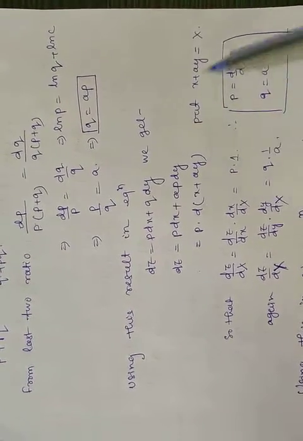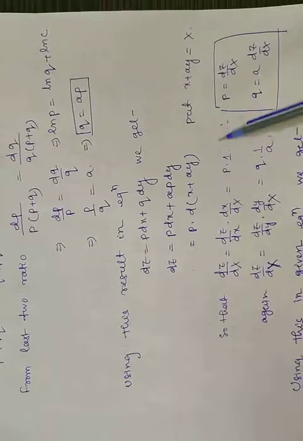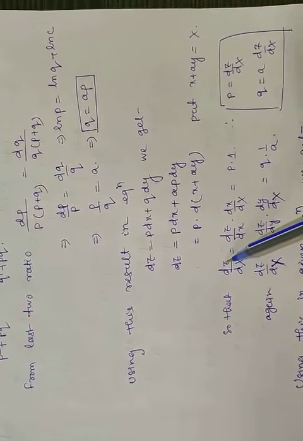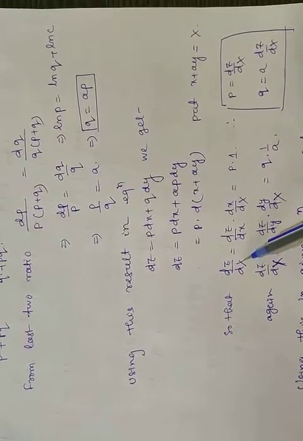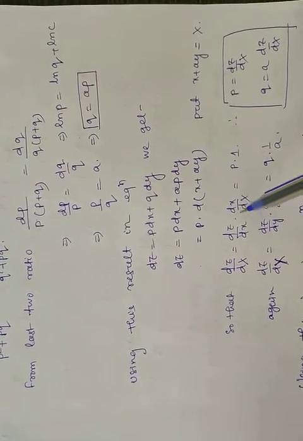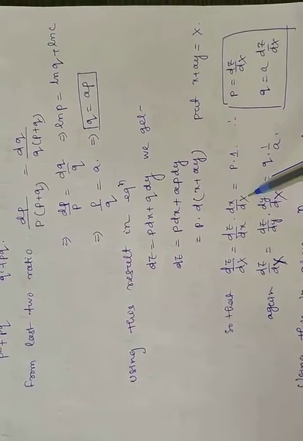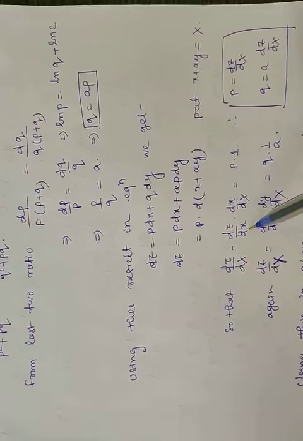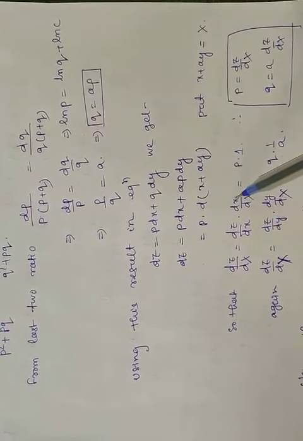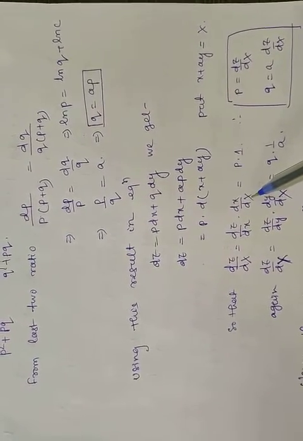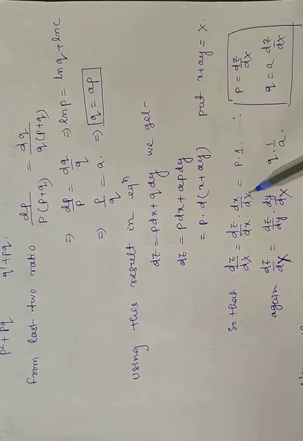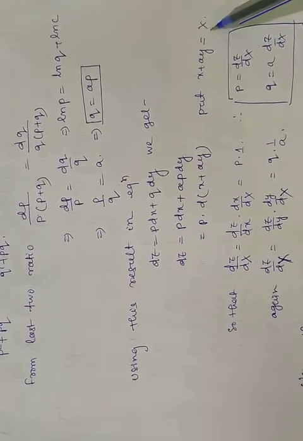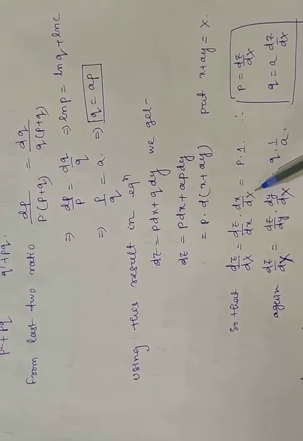Take x + ay = X, so that dz by dX, the derivative of z with respect to capital X, can be written as dz by dx into dx by dX. Here dz by dx is p, and dx by dX is the reciprocal of the derivative of X with respect to x, which is 1. So it is 1 by 1, that is 1.